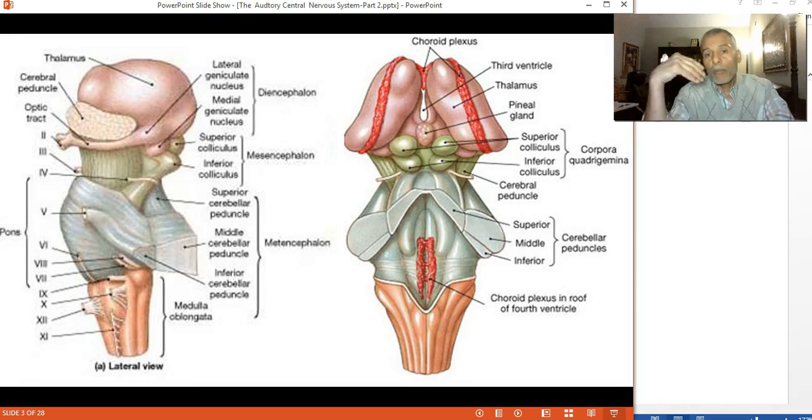So all of this information, by the time it converges onto the inferior colliculus, that central area of auditory processing, it now integrates all the inputs from both ears, left and right, and from all pathways. And now it has the information for the auditory signal in every aspect.